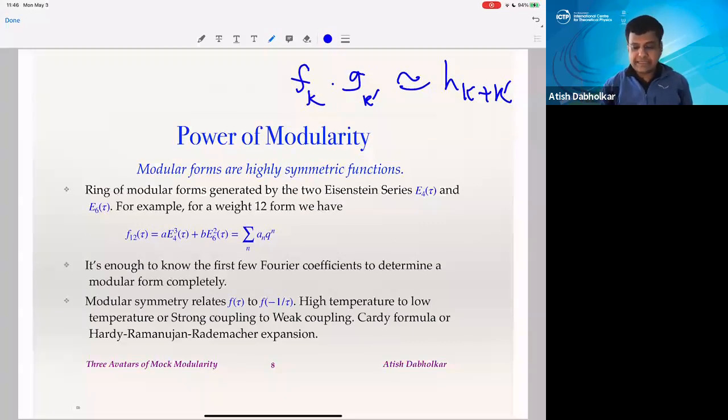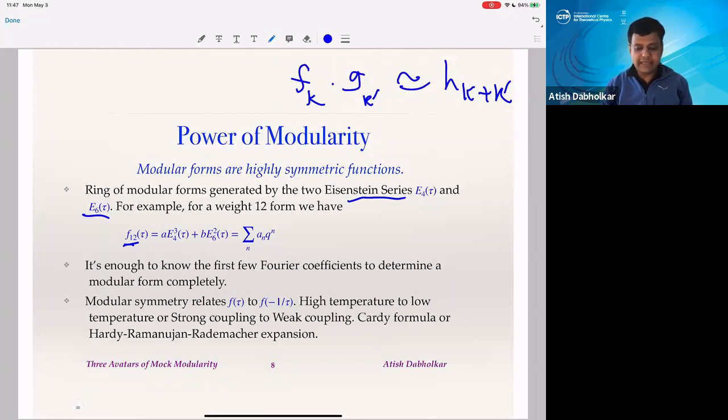But the powerful thing is that you need to know only two modular forms, basically, in your life. Because given any other modular form, let's say you want to find the weight 12 modular forms, then the meaning of this statement is that there are only two combinations that you can think of: E4 cubed, which has weight 12, or E6 squared, which has weight 12.